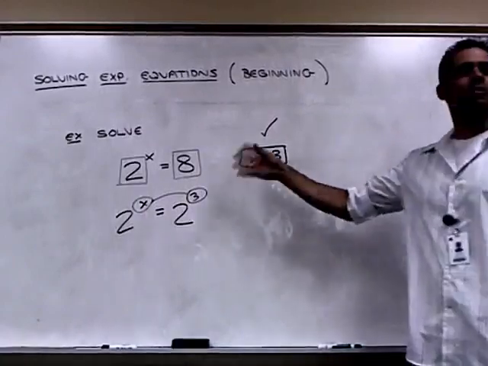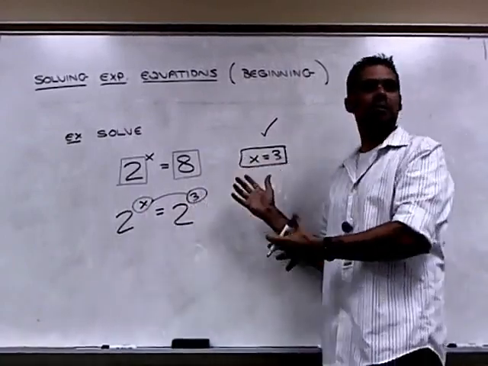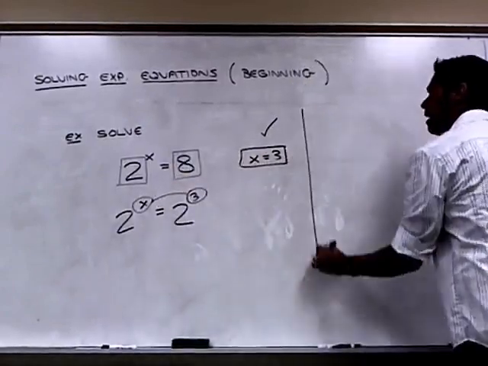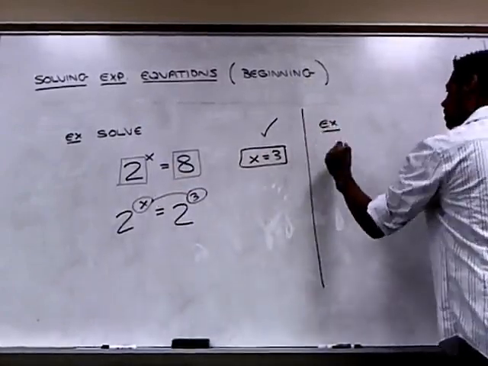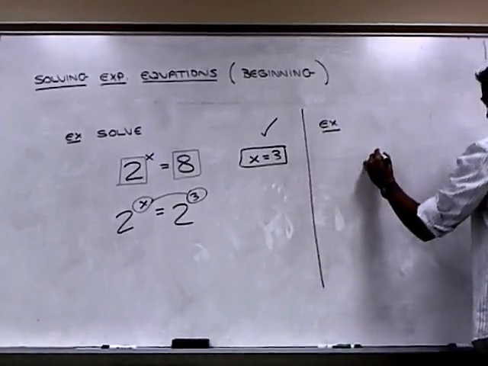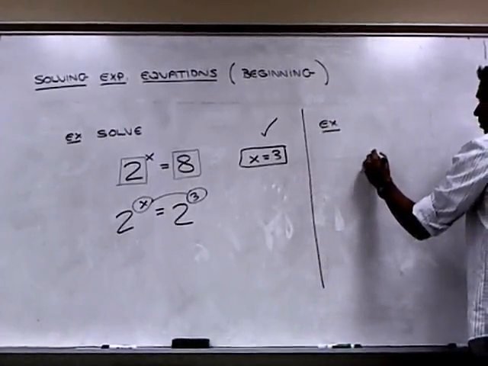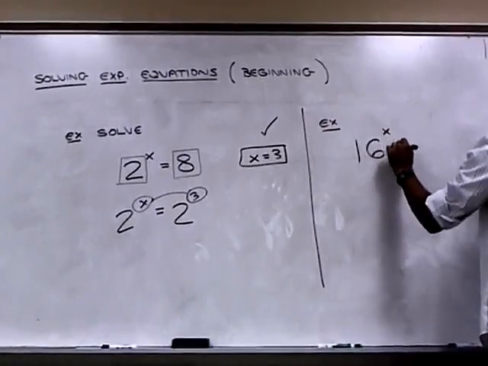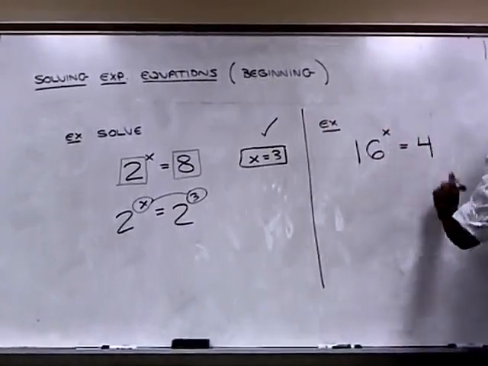Now you wouldn't have to do that for this problem, and I would never give you this problem, but the idea of this is what I'm going to do on the next problem. How about 16 to the x equals 4?